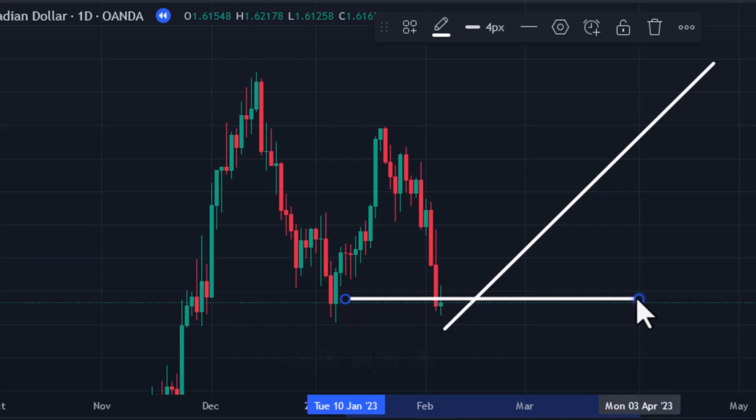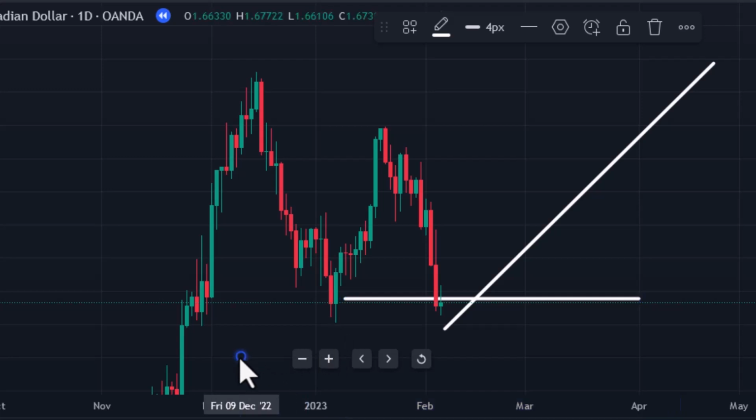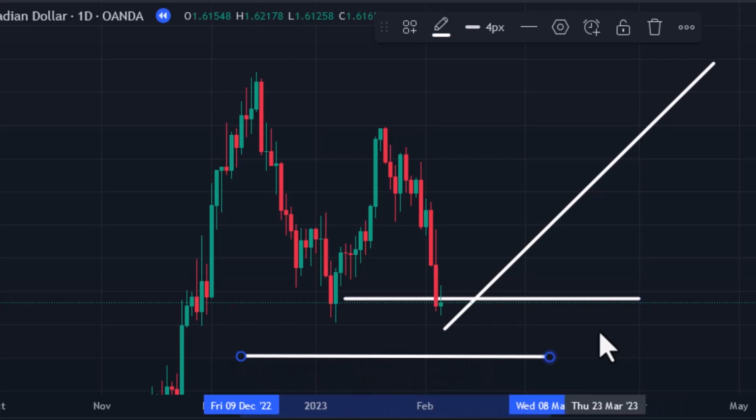So at this point, where would your stop loss be? As you can see, buying at this point is not that far from the nearest support, the previous support here. So placing your stop loss around this zone should be a good place.